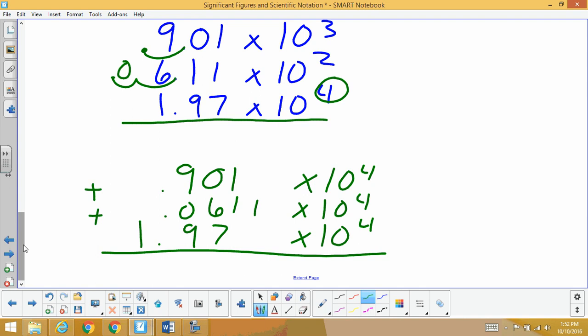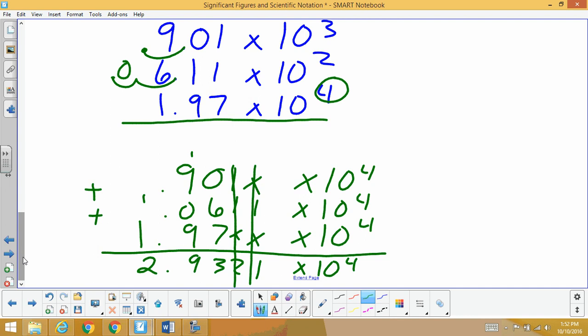Adding: 1, 2, 13, 10, 19, carry it, becomes 2.9321 times 10 to the 4th. Now the sig fig rules. These cancel out, this cancels out, and that is our last sig fig.